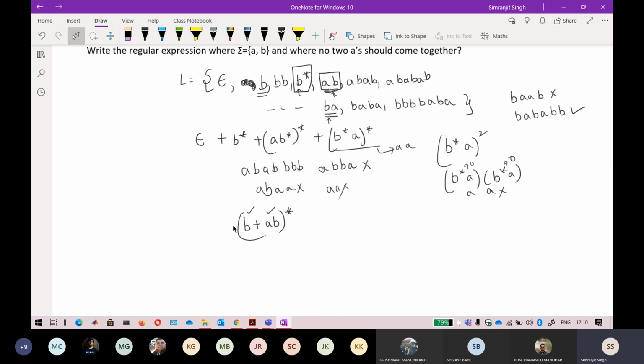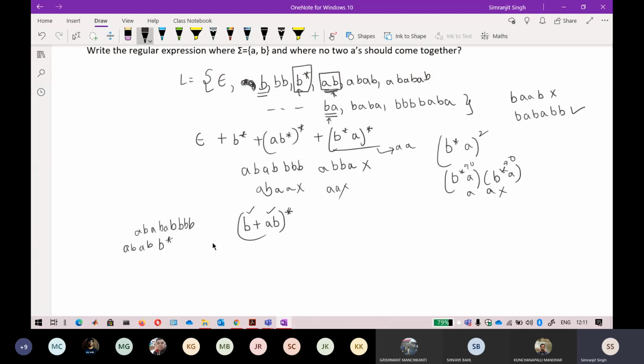Okay, so in this one, all the single B's are in this expression, and the strings that are starting with AB. So AB can come any number of times. After that, any number of B's can come. So if you do a star on it, AB can be repeated any number of times, and B can be repeated any number of times.